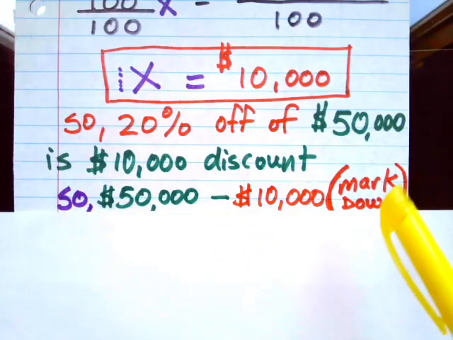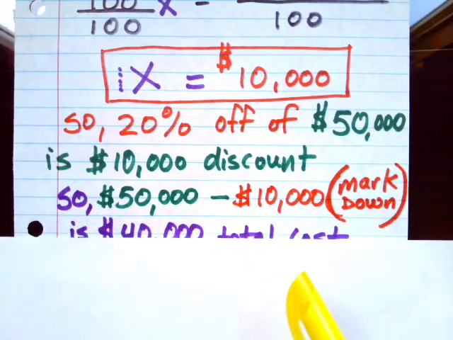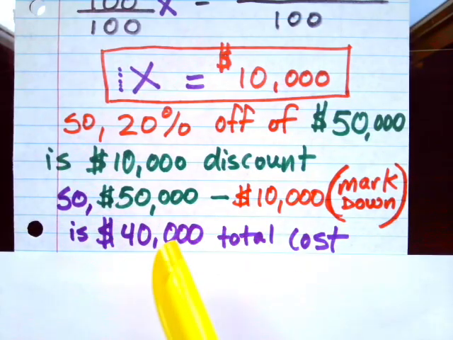We're subtracting from the original price, which will give us $40,000. That's the total cost of the item, whatever it is that you are purchasing. So I'm going to pause this part 2 of the videos in trying to answer that word problem with a markdown percentage. And I'm going to continue part 3 and part 4 in answering that question I introduced you to.